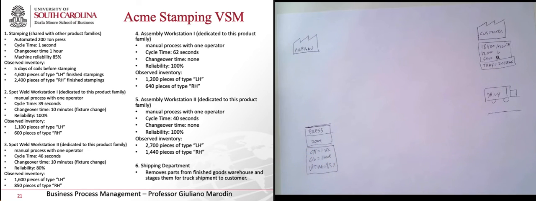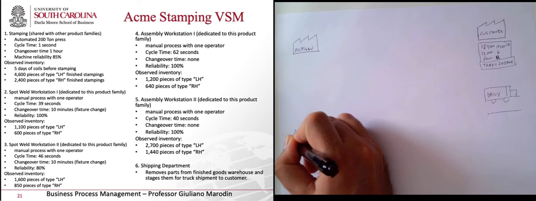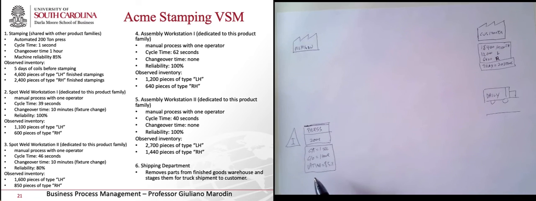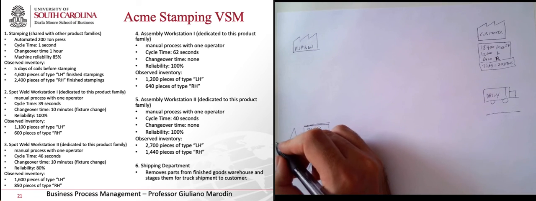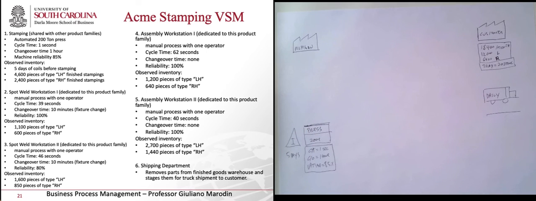Before it we have inventory here. That's the triangle with the I. And we have 5 days of inventory. Okay. So this is our press process.